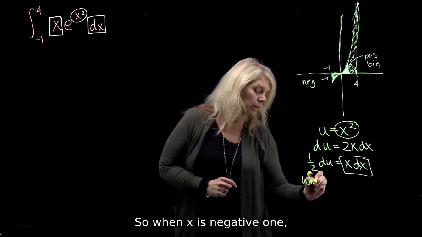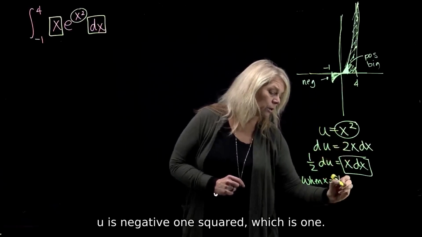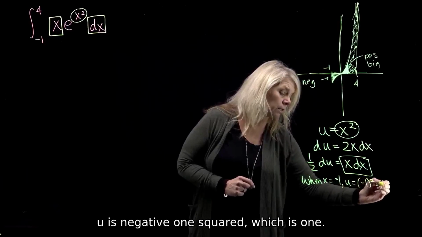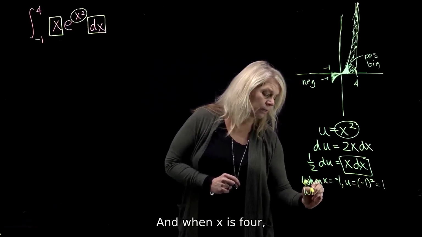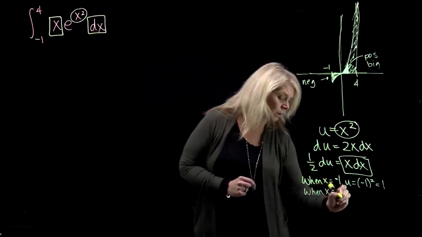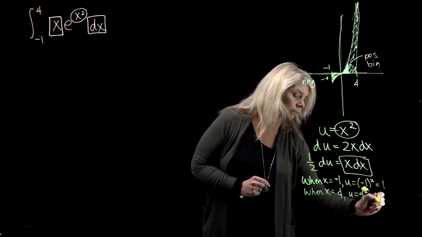So when x is -1, u is -1 squared, which is 1. And when x is 4, u is 4 squared, or 16.